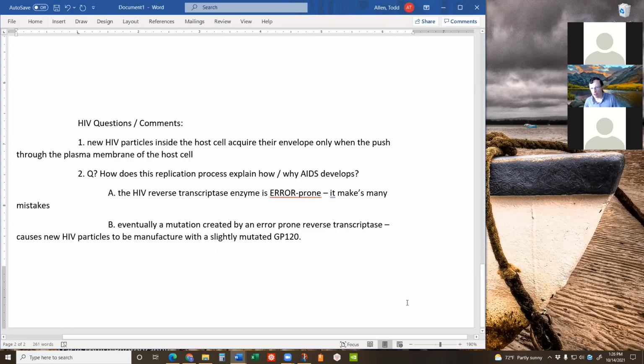Okay, so I'm going to ask a question in the chat window. What does the mutation in the GP120 glycoprotein enable the new HIV particles to do?